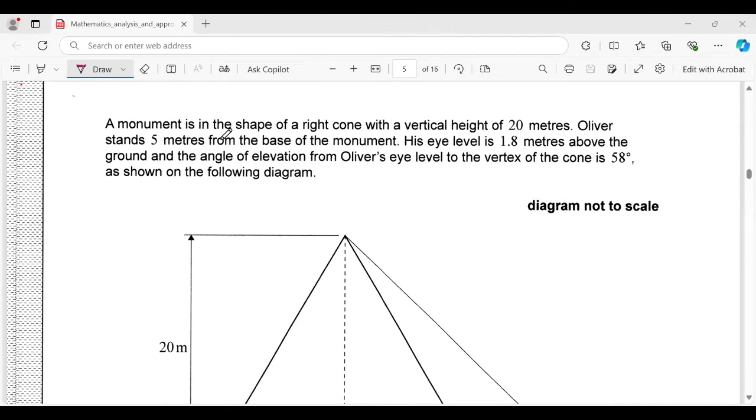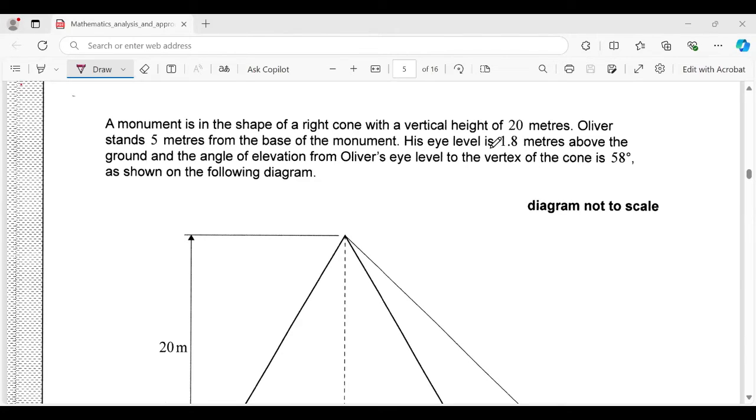A monument is in the shape of a right cone with a vertical height of 20 meters. Oliver stands 5 meters from the base of the monument.